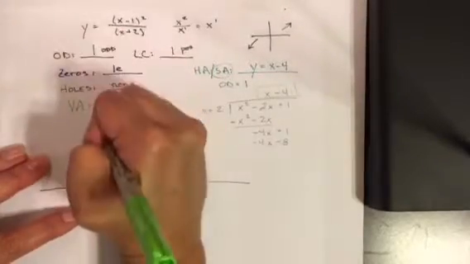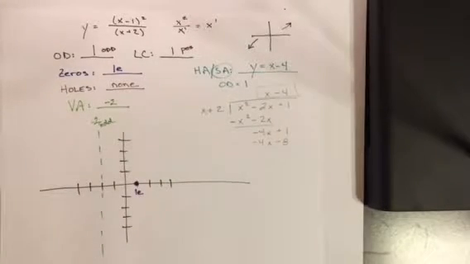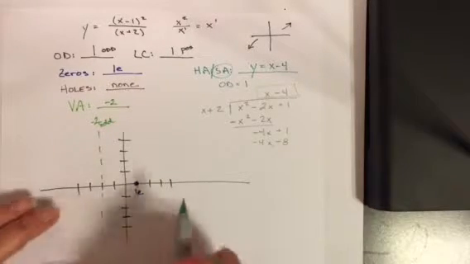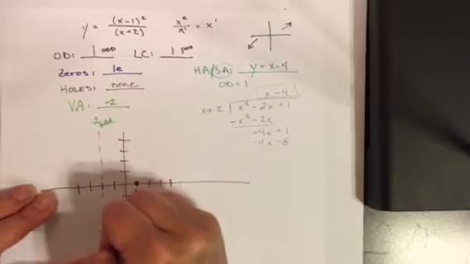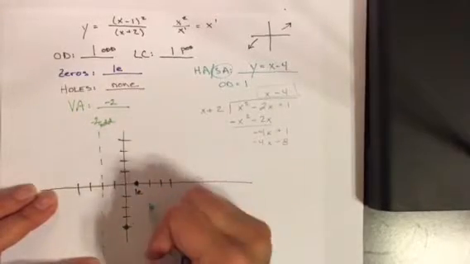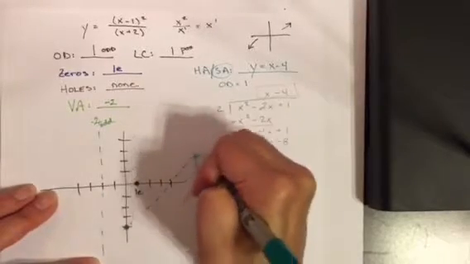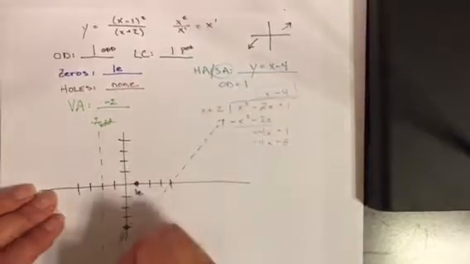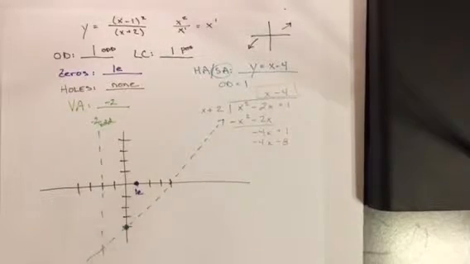And it is odd. Again, going to be important when I get to graphing. And now for my slant or oblique asymptote, I need to use the equation for this line to draw the line. So y-intercept -4, slope of +1. All right, that got a little crooked.